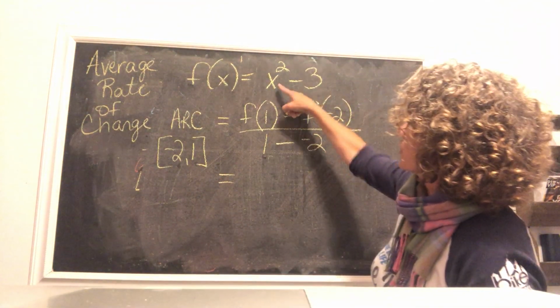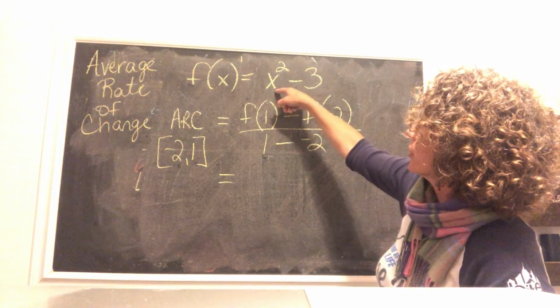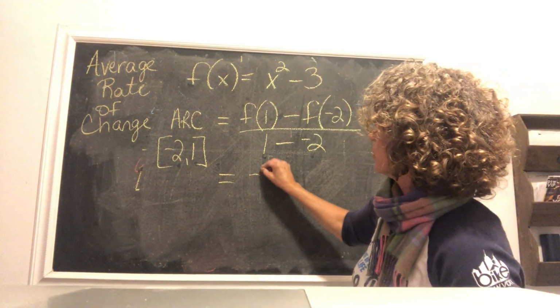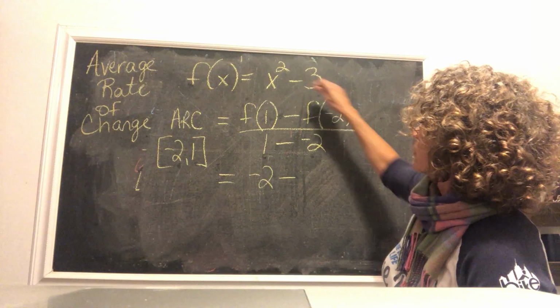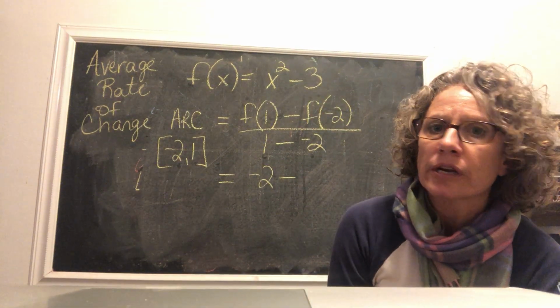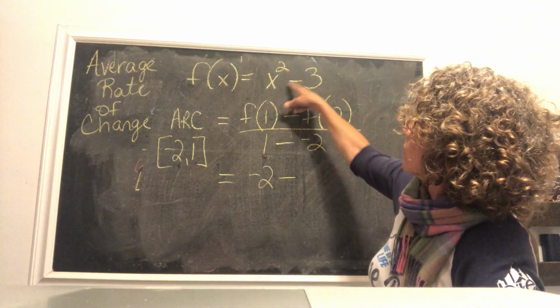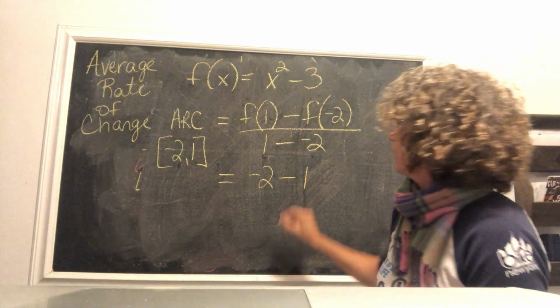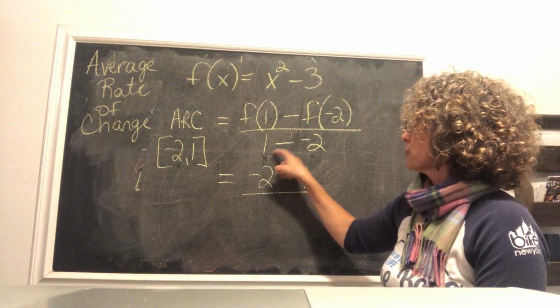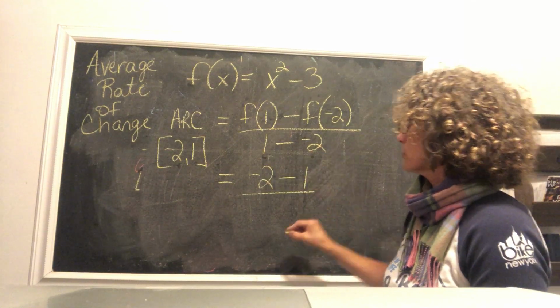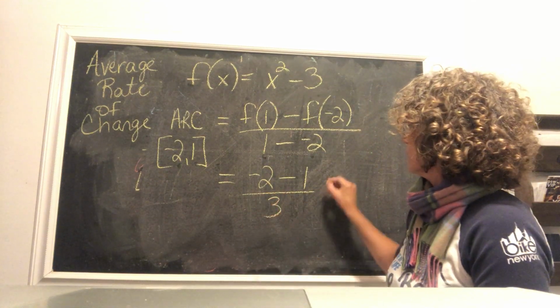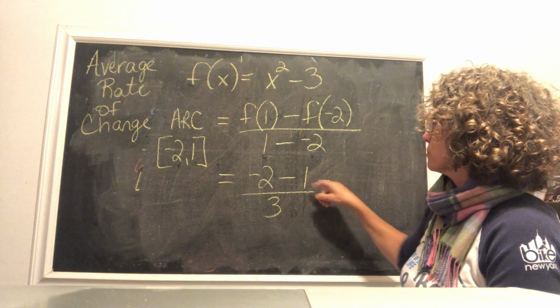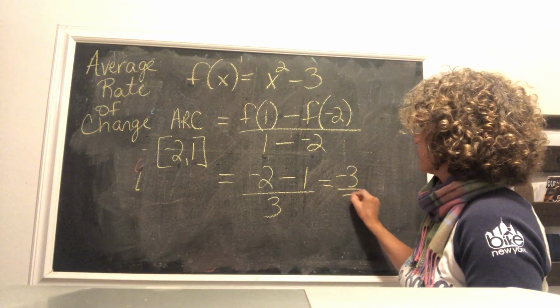Okay, so substituting the value 1 in for the function, I get 1 squared minus 3, or -2, and substituting -2 in for the function, I get -2 squared, 4 minus 3, is 1. And the difference of the x's becomes 1 plus 2, or 3. And that becomes -2 minus 1, or -3, divided by 3.